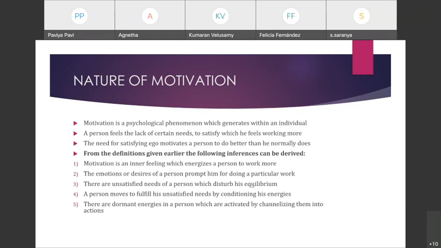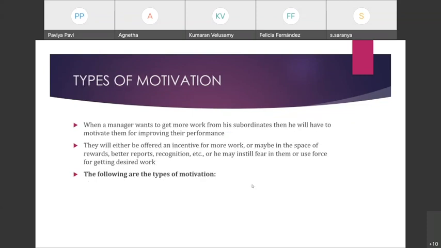So a person moves to fulfill his unsatisfied needs by conditioning his energies. And the dormant energies are activated when a person has some particular goal in mind, and when he channelizes that energy towards an action to achieve a goal. So those are the basic inferences which can be drawn from it.